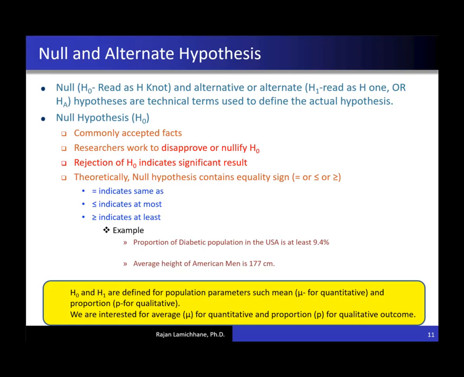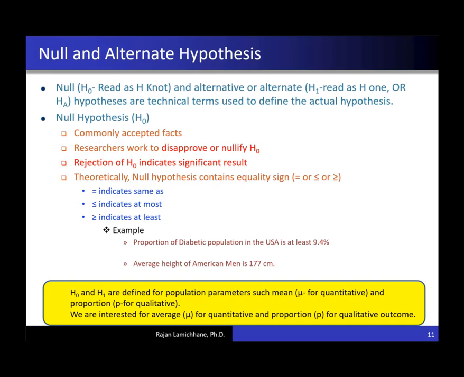Null hypothesis, which can be written as H naught, and alternate hypothesis, which you can read as H1 or HA. They are technical terms used to define the actual hypothesis. So what is null hypothesis?